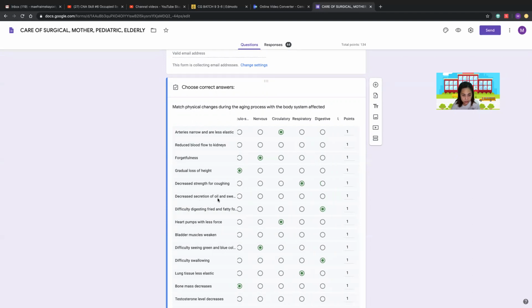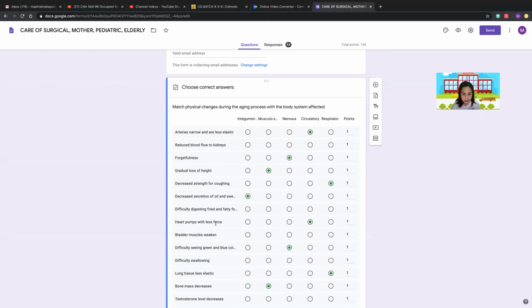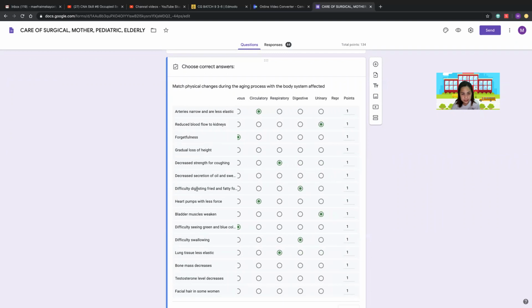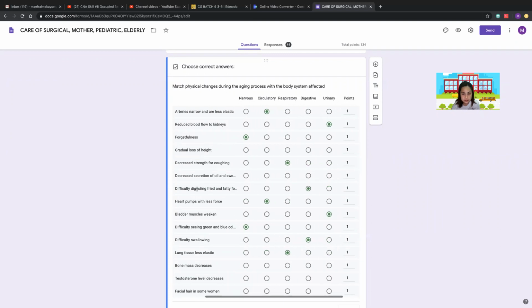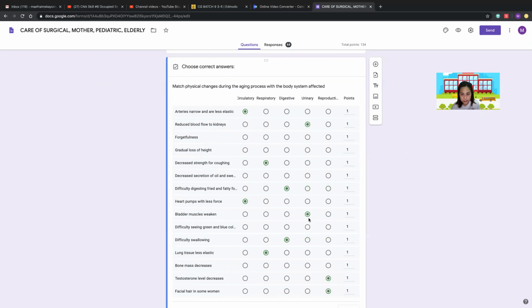Secretions and oil sweat glands, it will be integumentary. Difficulty digesting fried and fatty foods, it will be digestive. Then heart pumps with less force, it will be circulatory. Bladder muscles weaken, it will be urinary.